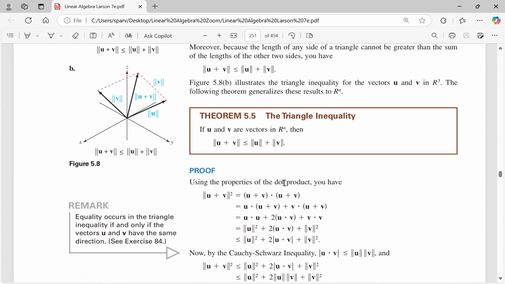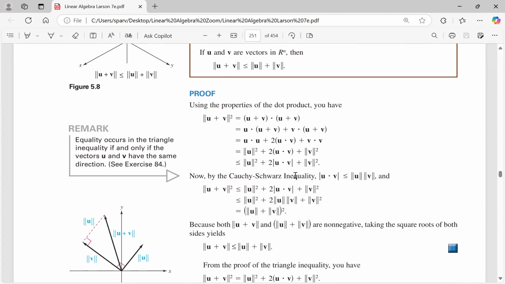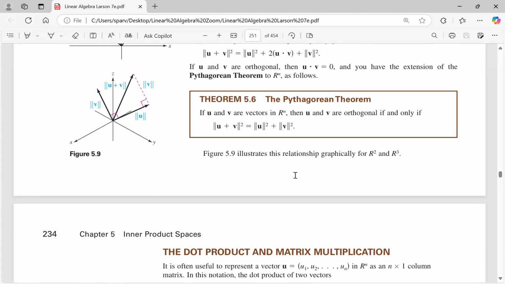So far we had Cauchy-Schwarz, we have triangle inequality, and we're going to wrap it up with the Pythagorean theorem now. We all recognize the Pythagorean theorem from geometry, right? In a triangle that has a 90 degree angle, a right triangle, the sum of the squares of the two sides equals the square of the hypotenuse. Well, this is kind of similar, except with vectors.